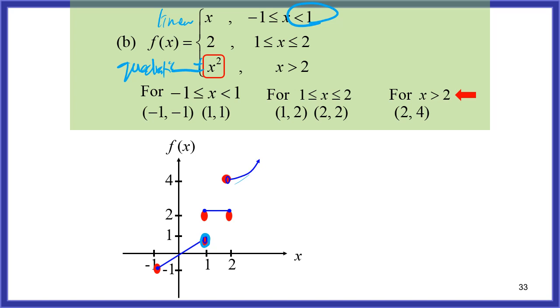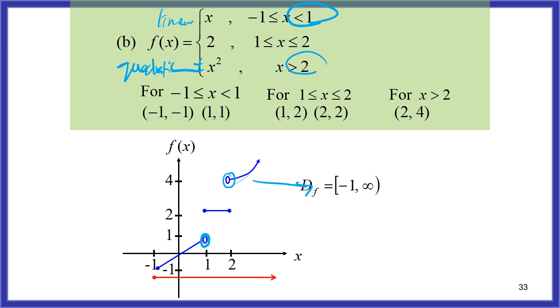Then the second interval starts at 1 up to 2, so we have x equal to 1, and then it continues when x is more than 2. Also this is an empty dot, a circle, because 2 is not included. So 1 and 2 are in the second interval only, but we have all the values of x from negative 1 up to infinity. The graph is going to infinity, so that's why the domain is from negative 1 up to infinity.